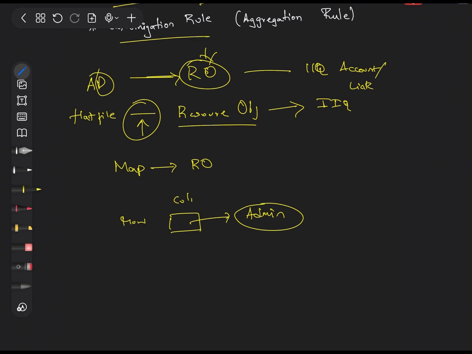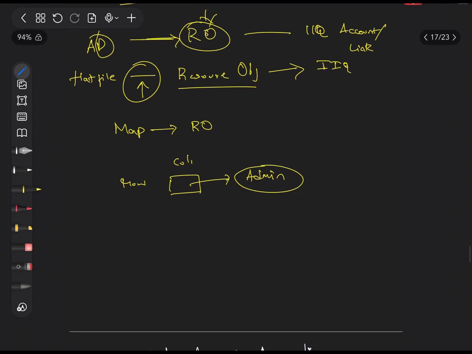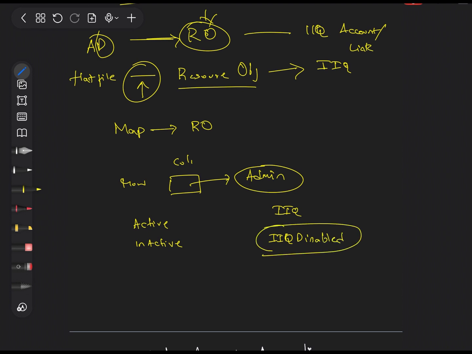And where can a resource object be utilized, right? In the same case, let's say for a user, some users are active and some users are inactive, right? And within IAQ, you have an attribute, and if you want to set this, you can use a resource object for any target or any connectors.